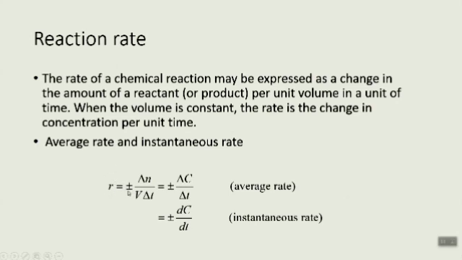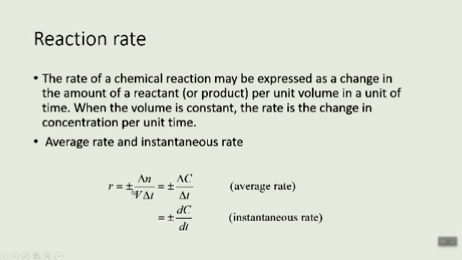The rate is equal to the change in the moles of the reactant or product per unit volume per unit time. For the plus or minus sign, we use the plus when we measure the change in the product, and we use minus when we measure the change of the reactant, because by convention the rate should be a positive number.